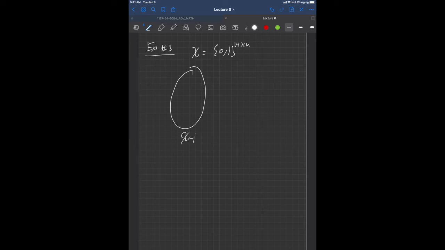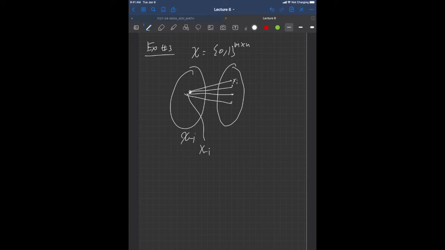On x minus I, if you take any matrix where the ith row is removed, since you are allowed all possible binary matrices in the set X, what is the degree of a particular x minus I here? How many neighbors xi would there be? These are going to be all possible neighbors, right? Because we have the set of all possible binary matrices on m rows and n columns, we can fill in the ith row however we want.